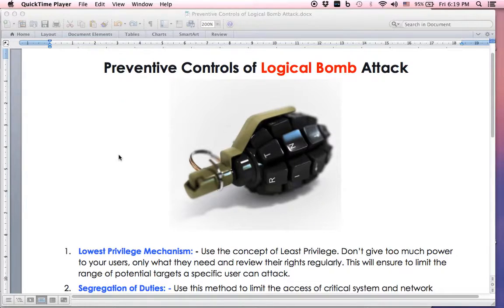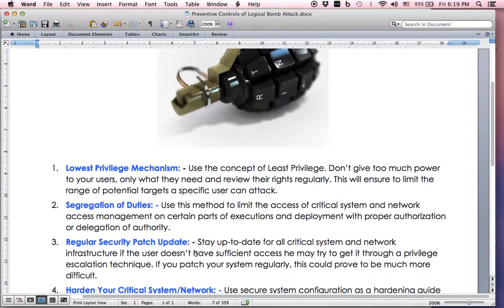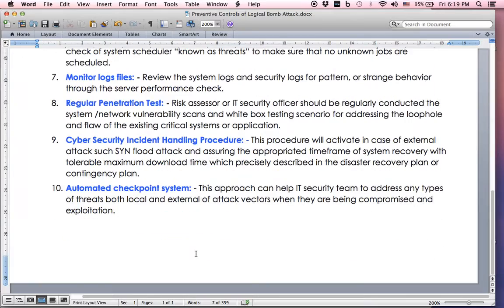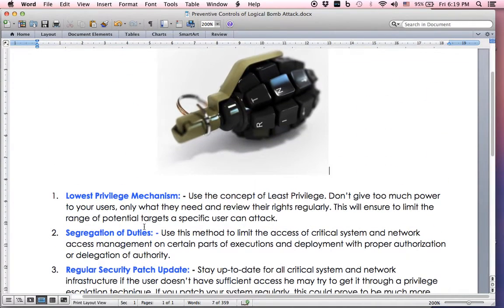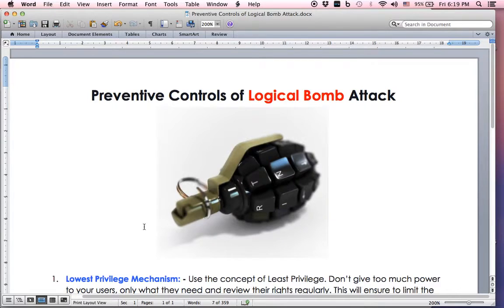So before I go through the key preventive controls, the 10 items that we are going to discuss next, I will describe the background of logic bomb attacks. For a logic bomb attack, the fraudster sets a specific time and date on malicious code and compiles it into the thread to execute when the time and date trigger.